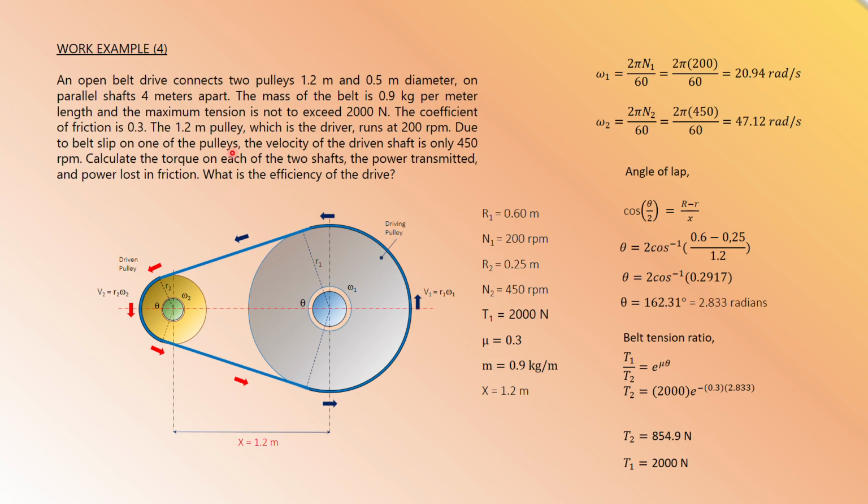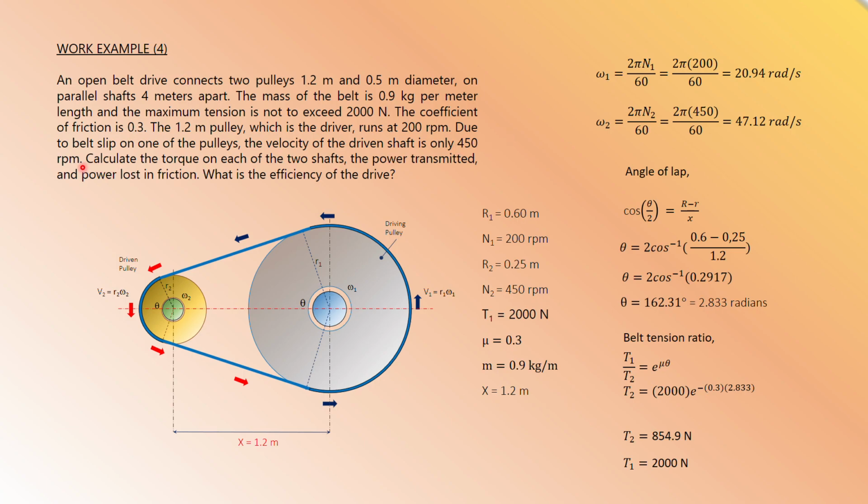Now, the 1.2 meter pulley, which is the driver, runs at 200 RPM. So this is the speed of the driving pulley, which I put as N1. The radius is 0.6 because the diameter is 1.2. Now, due to belt slip on one of the pulleys, the velocity of the driven shaft, that means this one here, look at my laser pointer, is 450 RPM.